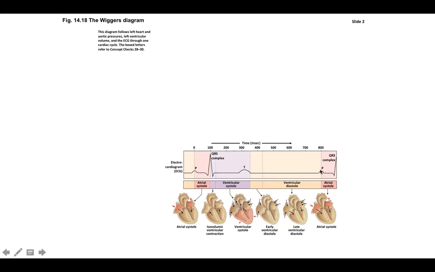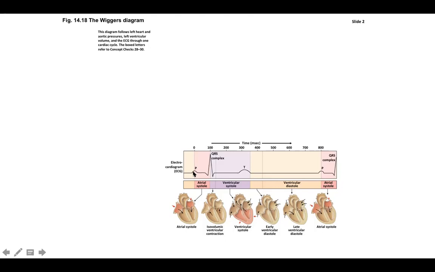You get atrial depolarization, ventricular depolarization. What I want you to notice is that atrial depolarization begins slightly before the contraction happens. Note that the electrical activity is increasing in those cells slightly before the atria start to contract. This is important.